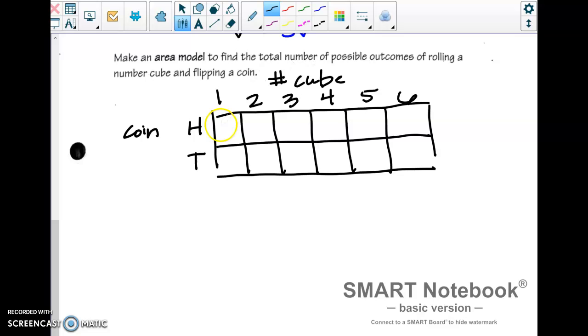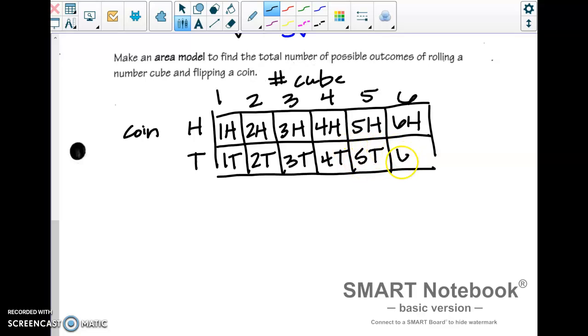So if I label these, this is getting 1 on a dice and heads, 2 heads, 3 heads, 4 heads, 5 heads, 6 heads. And then this represents rolling a 1 and tails, 2 tails, 3 tails, 4 tails, 5 tails, and 6 tails.